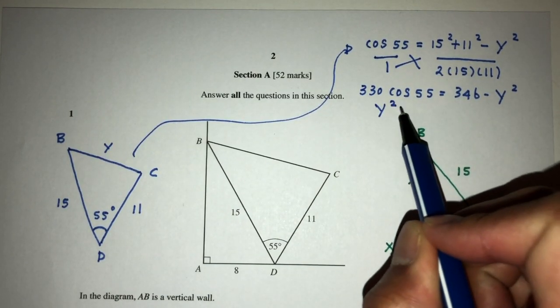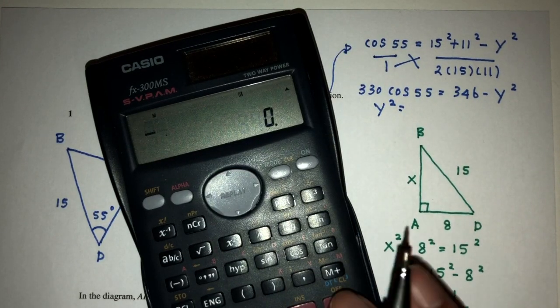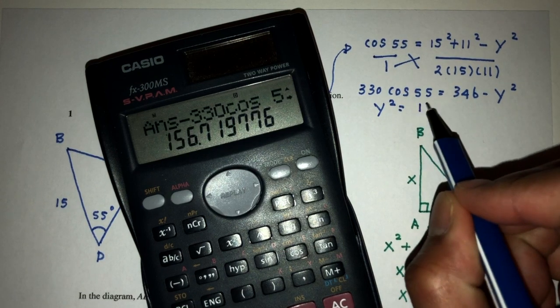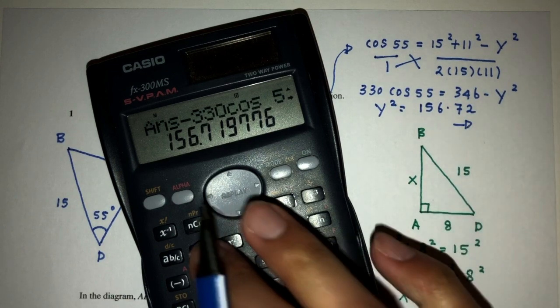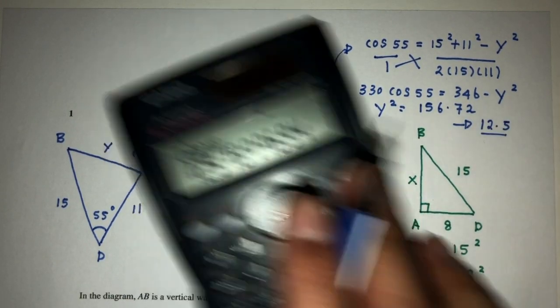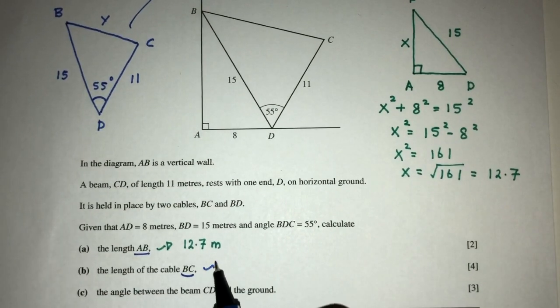So y squared will be 346 minus 330 cos of 55, of course, has to be in degrees. That will be 156.72. So finally, y will be square root of that. That will be 12.5 as your answer. So BC has to be the value of 12.5 meters.